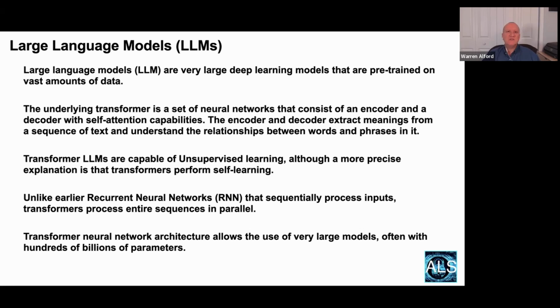They actually consist of encoders and decoders that define their capability. The encoder and decoder extract meaning from the text or language, and it understands the relationship between the words and the phrases itself, and it puts it into a communication medium that the AI model can actually use.